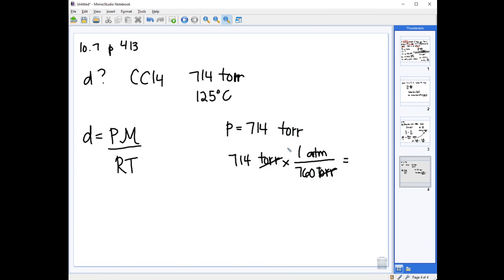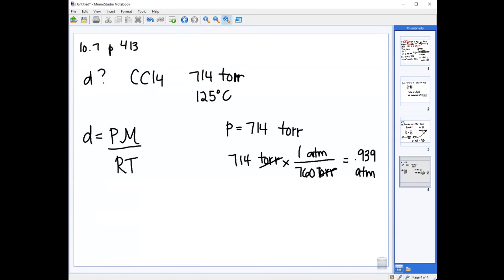My torr cancels, and I get 714 divided by 760, which is 0.939 atmospheres. Now I have my pressure in atmospheres.